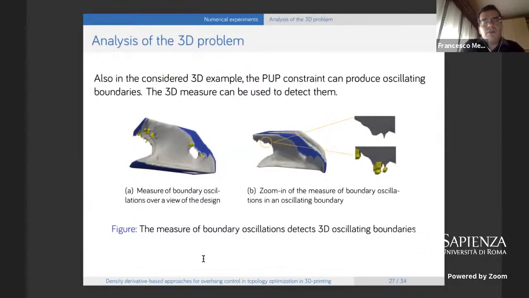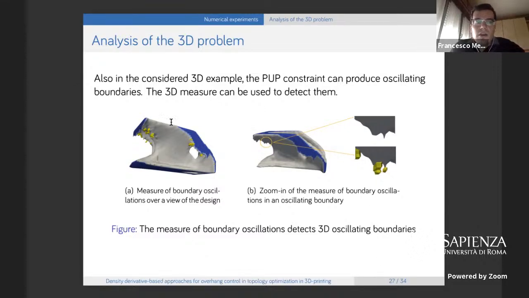Regarding the 3D problem, well, this slide only shows that also in 3D, we are indeed able to detect oscillating boundaries by the measure of oscillations.